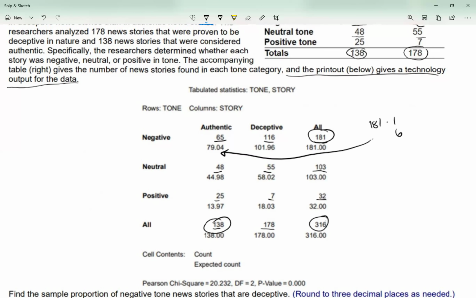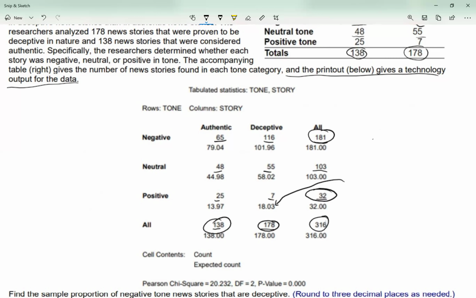Now you're wondering, where does this 18.03 come from? For this one, the whole row is 32. The whole column is 178. So you go 32 times 178 divided by 316, which is the whole total. And that's how they got those.